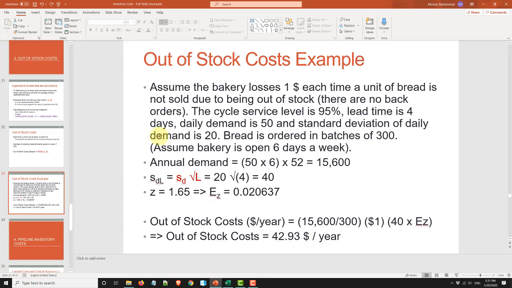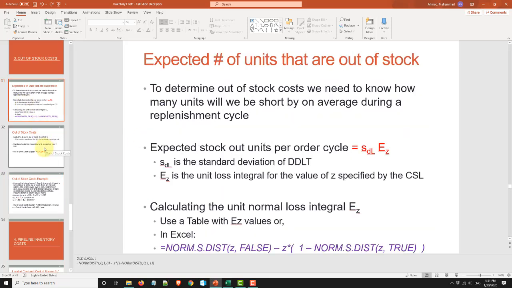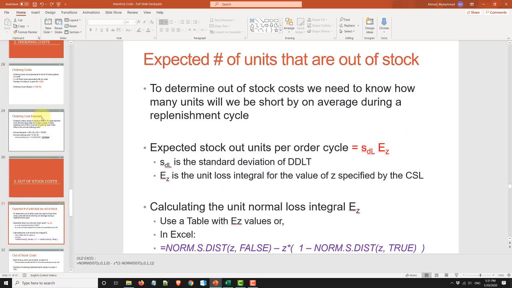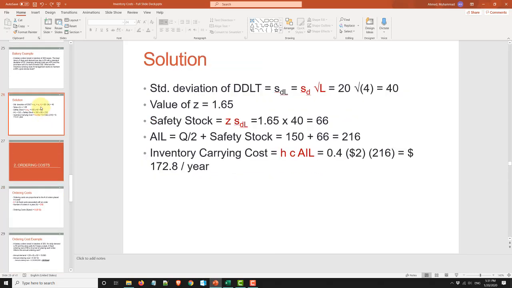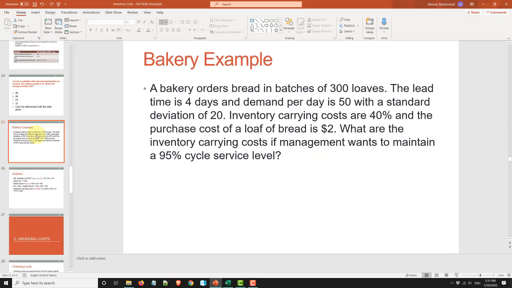We're not given the transportation rate because we are not paying the transportation. We are basically getting the bread at $2 delivered to our factory.